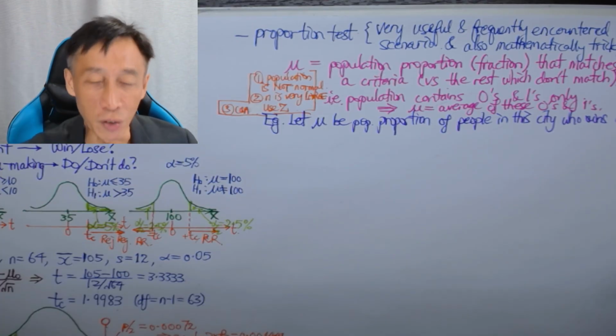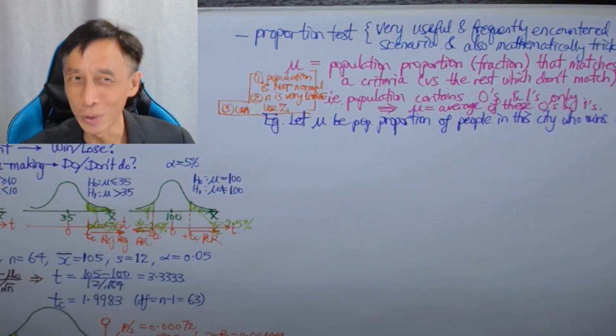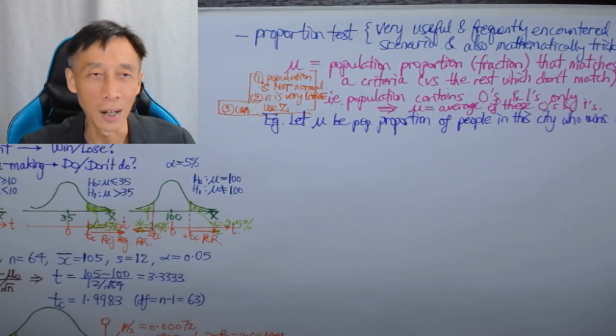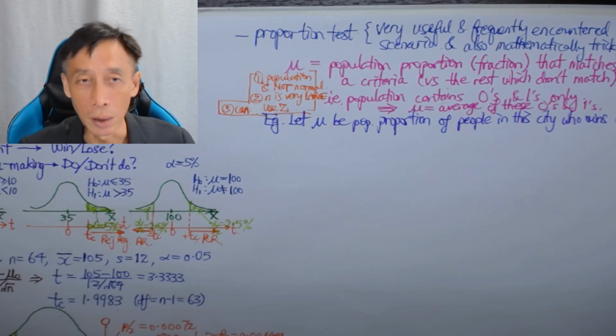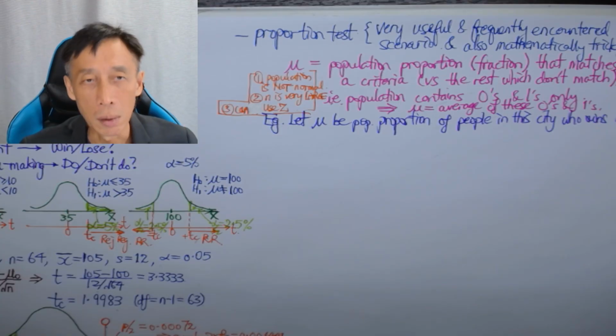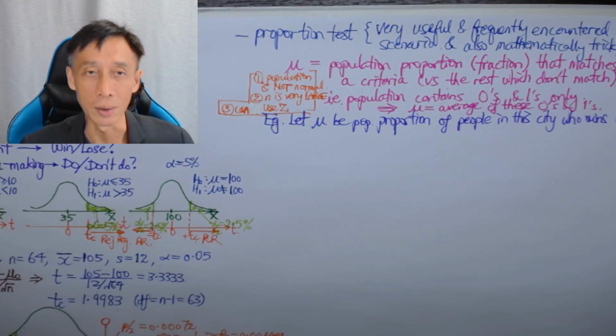Even if you interview, people are more ready to say, yes, I have a car, or no, I don't own a car, rather than telling you how many cars they had. So it's very cheap and efficient to get, and the sample size tends to be large in practice.